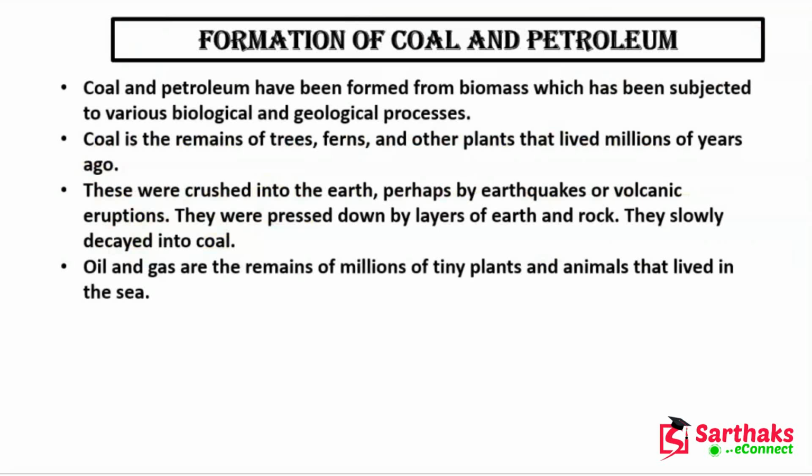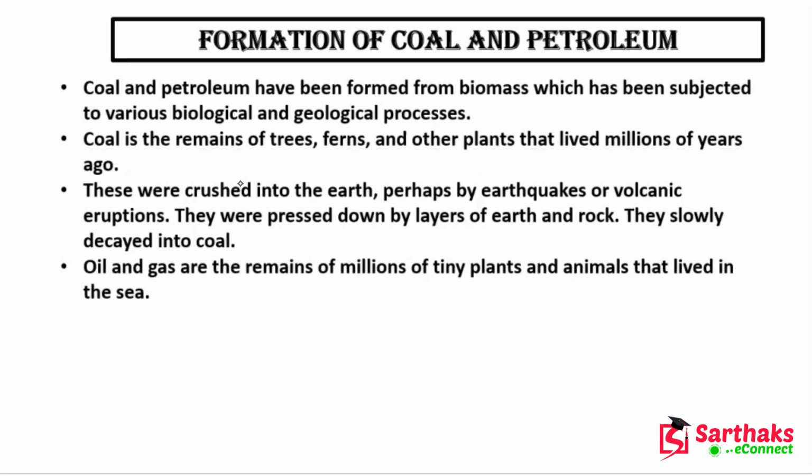Okay, students. Here we will talk about the formation of coal and petroleum. I think you might have already seen how coal and petroleum are formed. Basically, coal and petroleum have been formed from biomass.